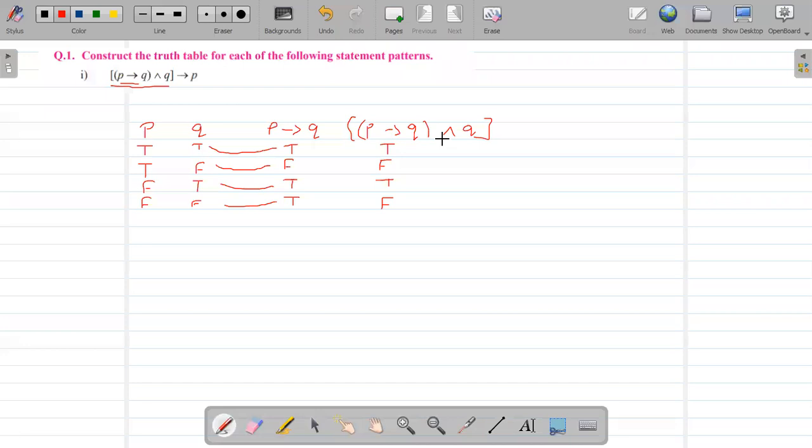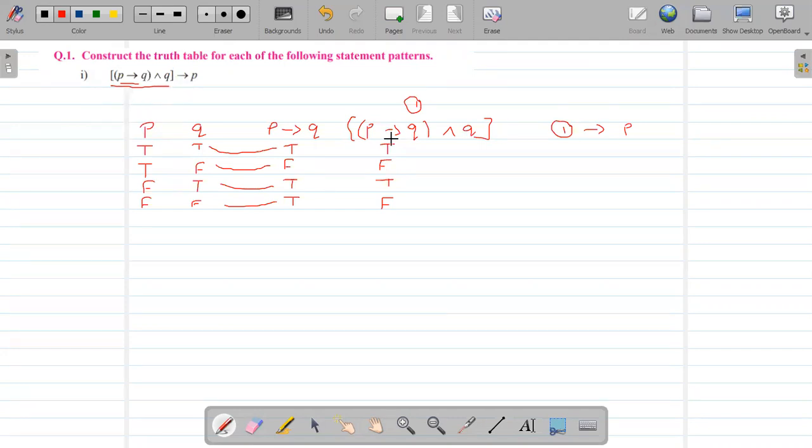Now, for this entire bracket, if you have a problem writing it in your notebook or there might be a space issue, just write a number on it. It will be helpful. So I'm going to say number 1 implies P. Now let's find the final answer. Always remember the sequence: according to the sequence, this part will come first and the P part will come second, because it's an implication, a single arrow.